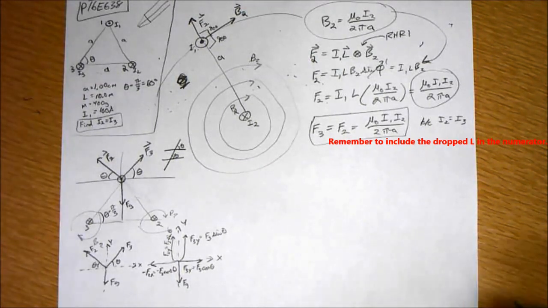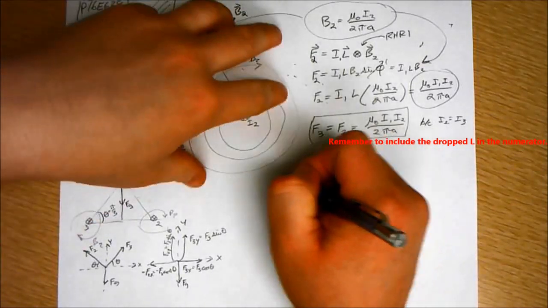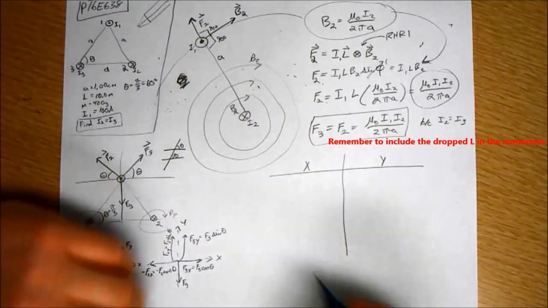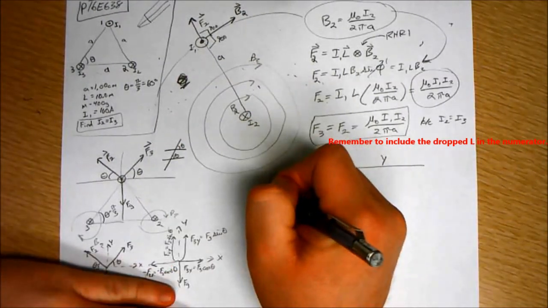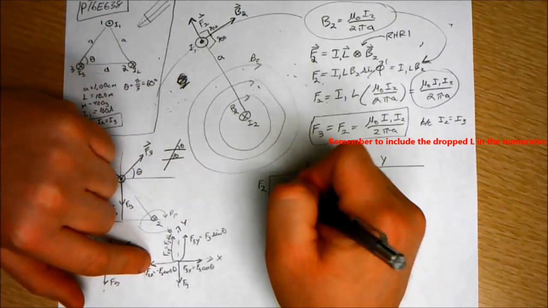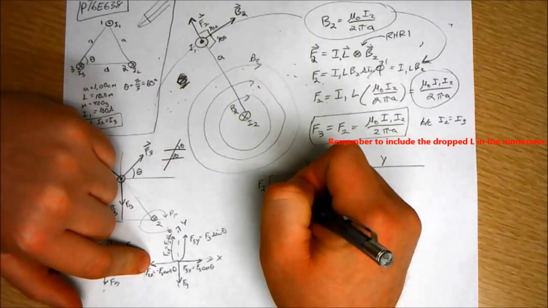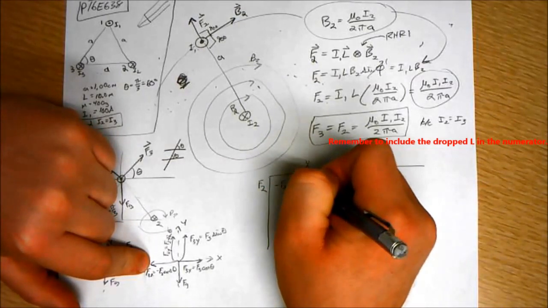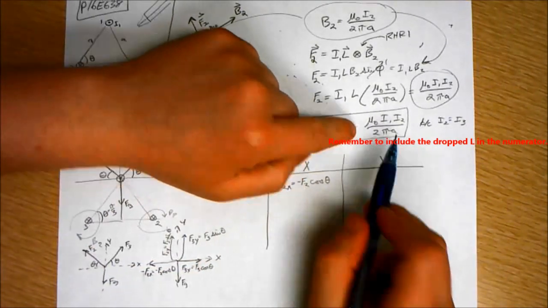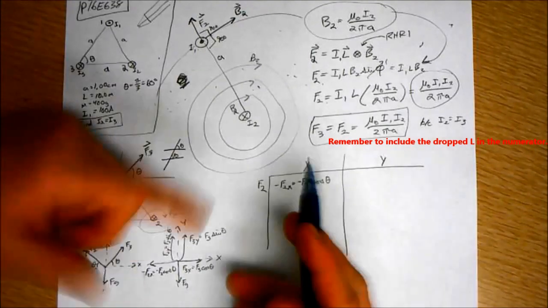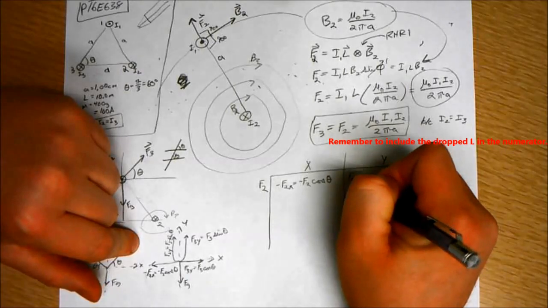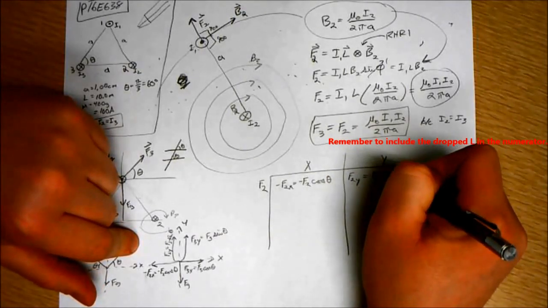Now you could do this in unit vector notation. It seems like people tend to understand it a little more clearly if I do this little box routine that I usually do. So F2 has the component in the x direction, negative F2x equals negative F2 cosine of theta. And remember, we already found the magnitude of F2. I'm leaving it out for now, just for clarity. And F2 in the y direction equals F2 sine of theta.